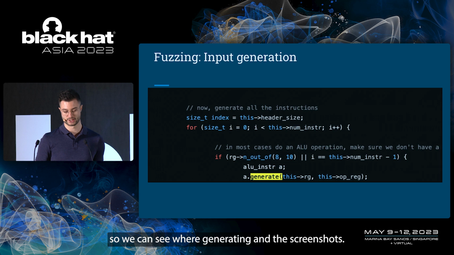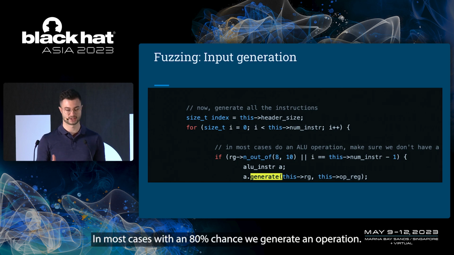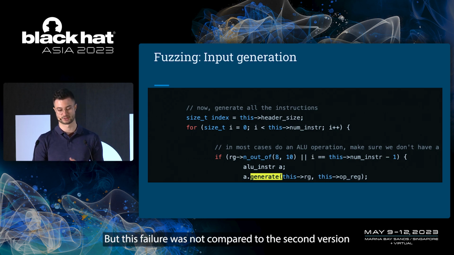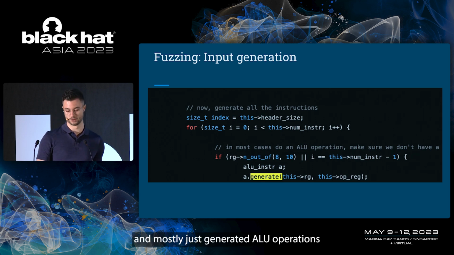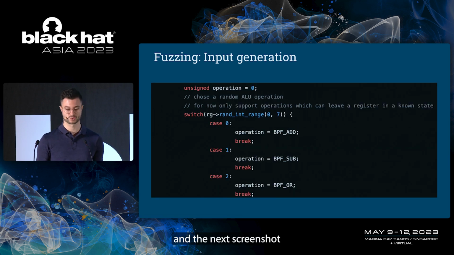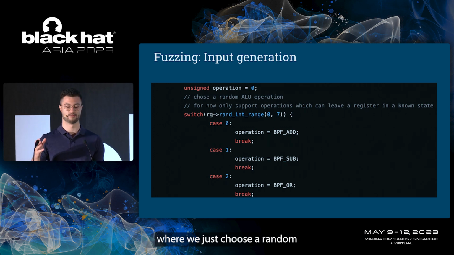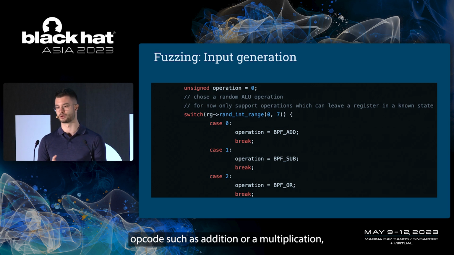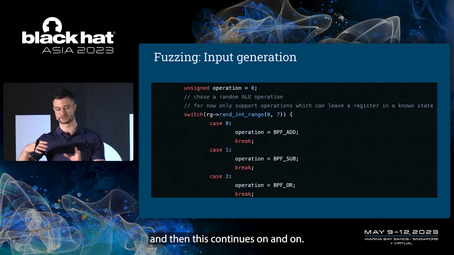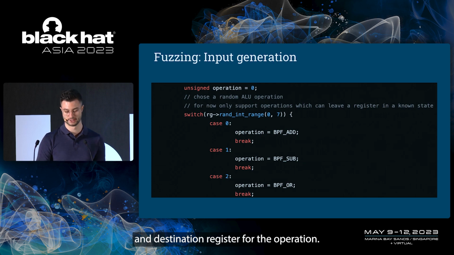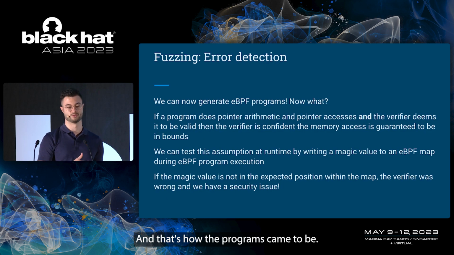In this screenshot, in most cases with an 80% chance we generate an ALU operation. There are also other operations such as branching operations, but this fuzzer was naive compared to the second version and mostly just generated ALU operations. The next screenshot shows the generation of an ALU operation where we choose a random opcode such as addition or multiplication, and then a random source and destination register for the operation. And that's how the programs came to be.